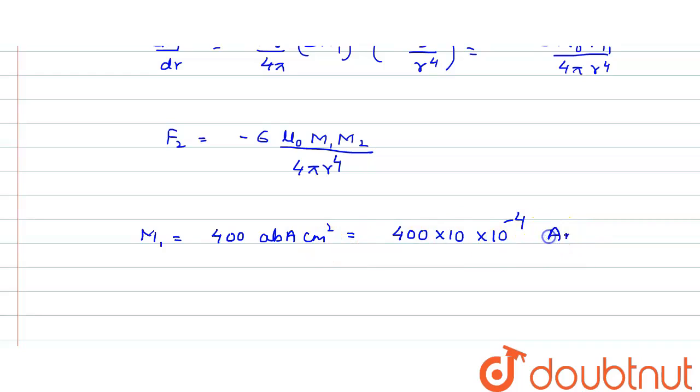So m1 turns out to be 0.4 ampere meter square. Similarly, doing the same operation for m2, it turns out to be 0.8 ampere meter square.